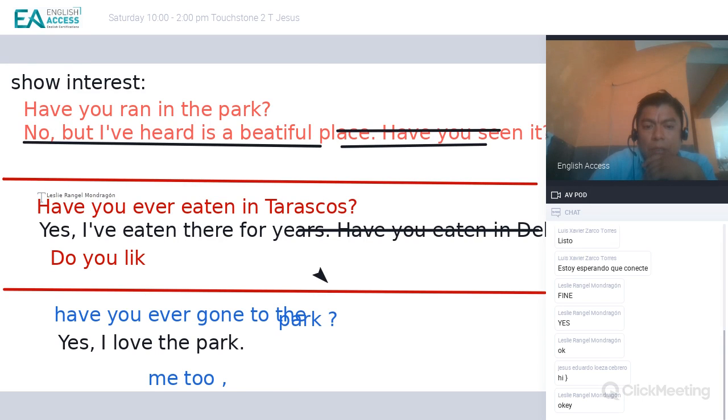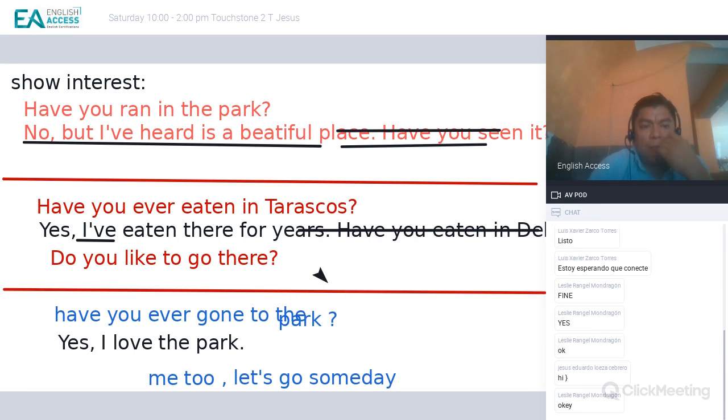Actually, that's not the right one, Javier. Here we have the tense I have. Actually, this is a different person. This is one person, this is another person. So this is the other person responding. So what is the other response to continue the conversation?